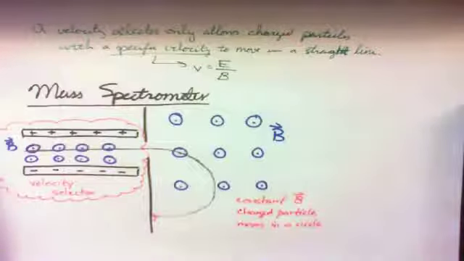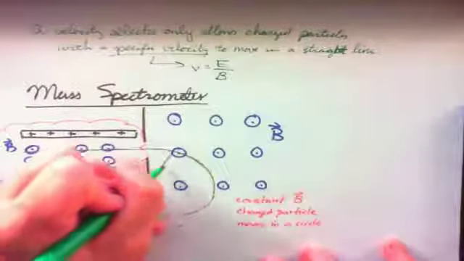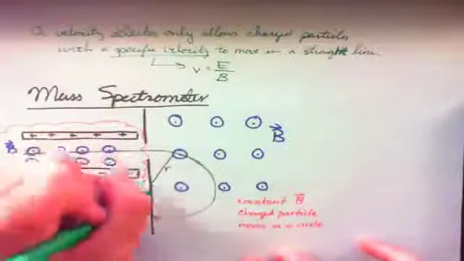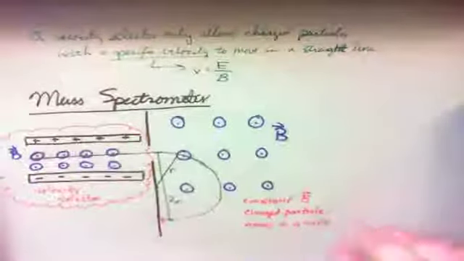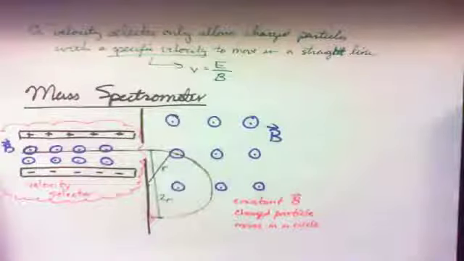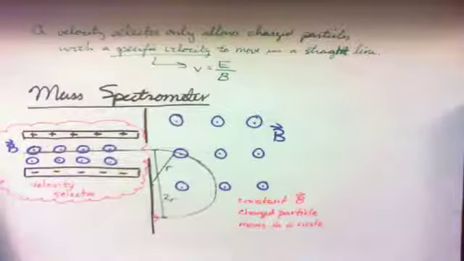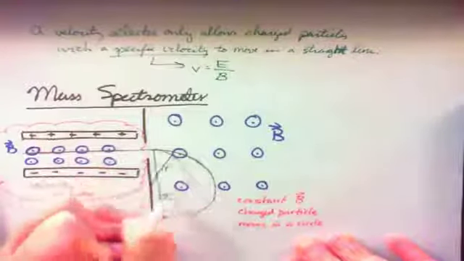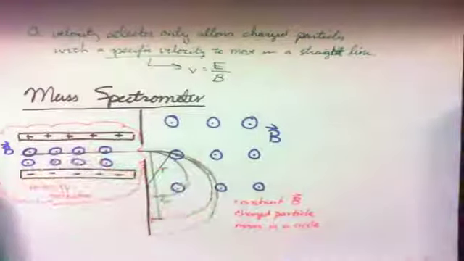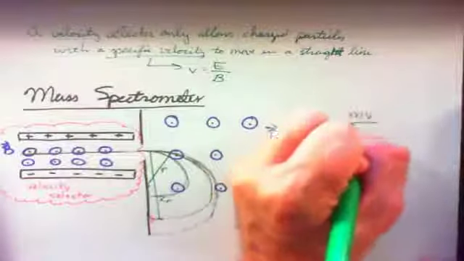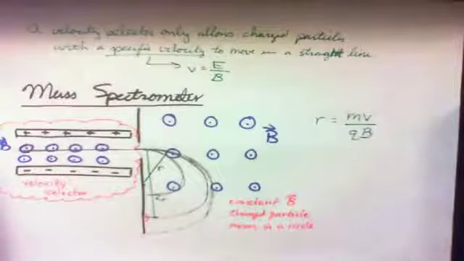Then, based on the radius of the path, you can determine the mass of the particles. Because these particles move in semicircles, you can figure out the radius. You know R. Well, we can go back to our good old equation: R is equal to mv over qB.